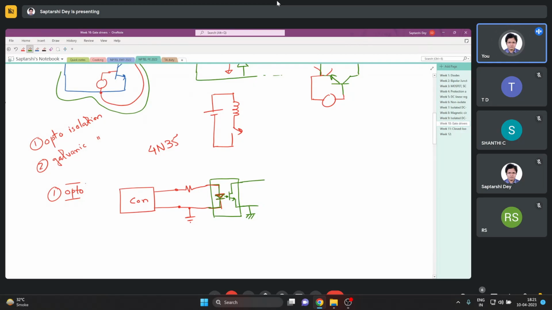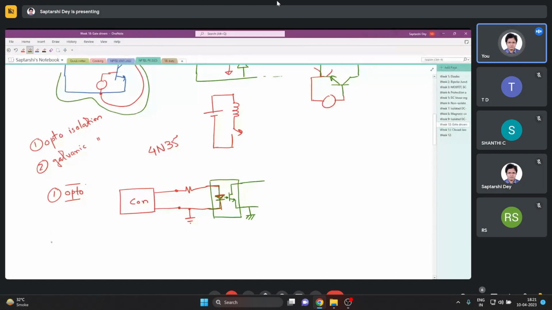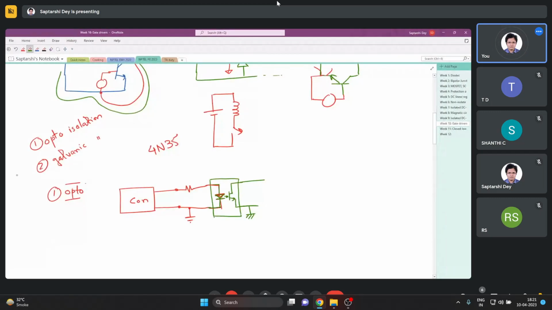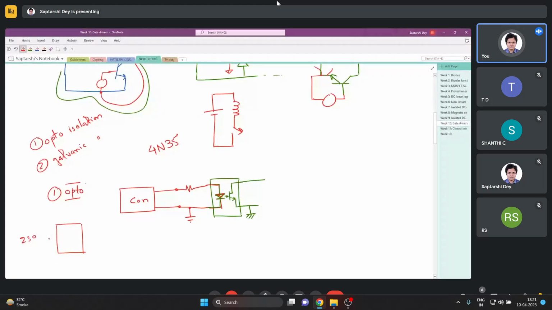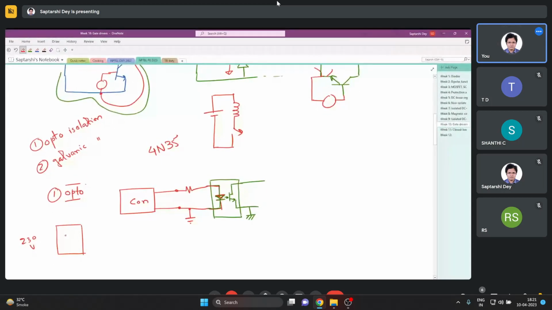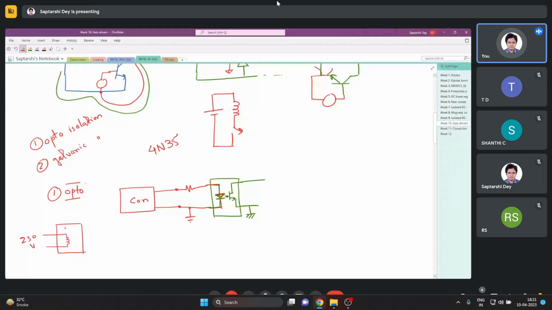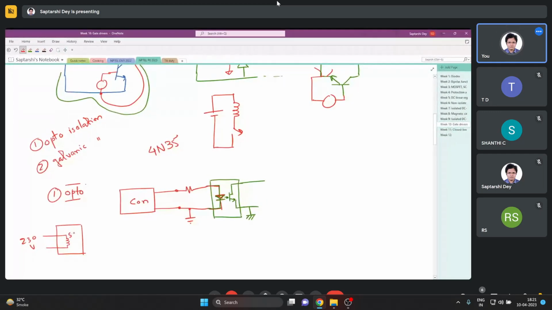Now in most cases, we have one source of all energy, one power source. Maybe it comes from a 230-volt supply, and then you use a transformer, or maybe you use an SMPS or whatever.